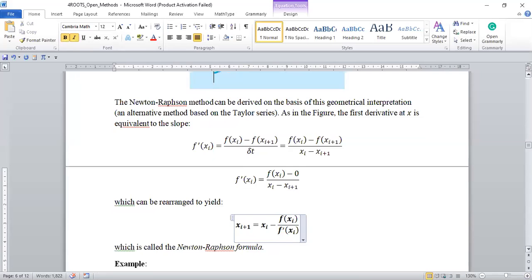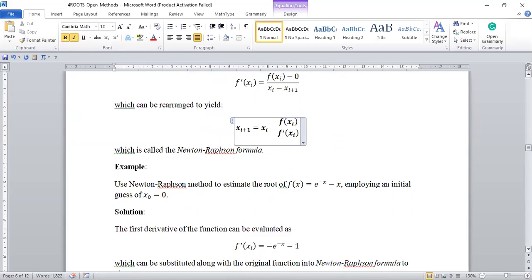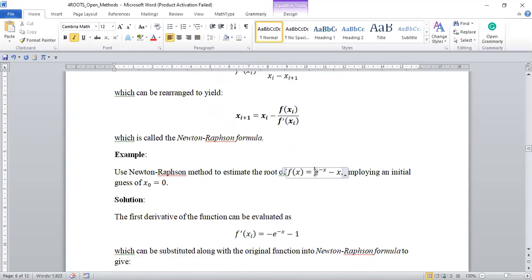So let's do the same example. This was the example we started with in this class. We want to use the Newton-Raphson method to approximate the root. Like you can see from the equation, you need to find the first derivative of the function. So this is the function here, and the first derivative of this is given by this. You differentiate this, then you differentiate this, you get this.